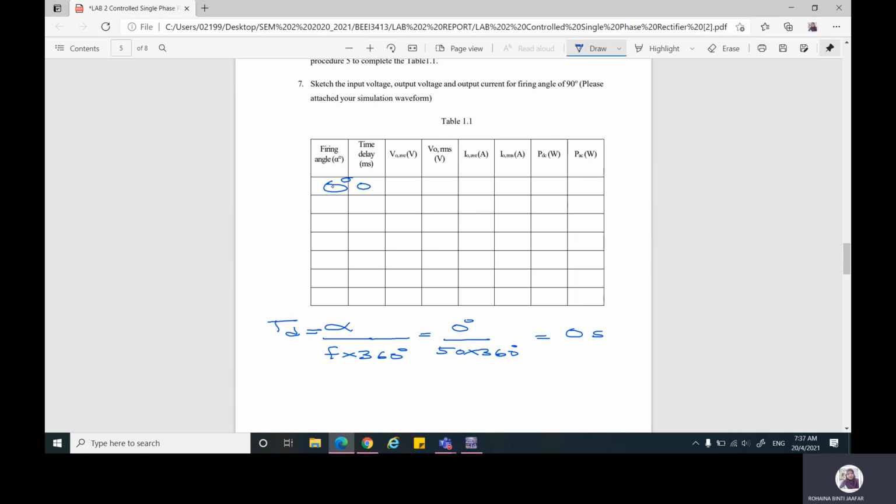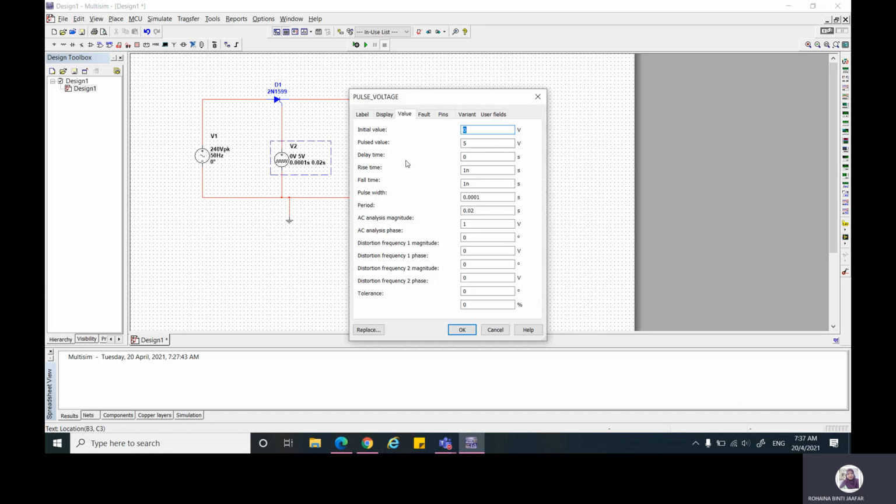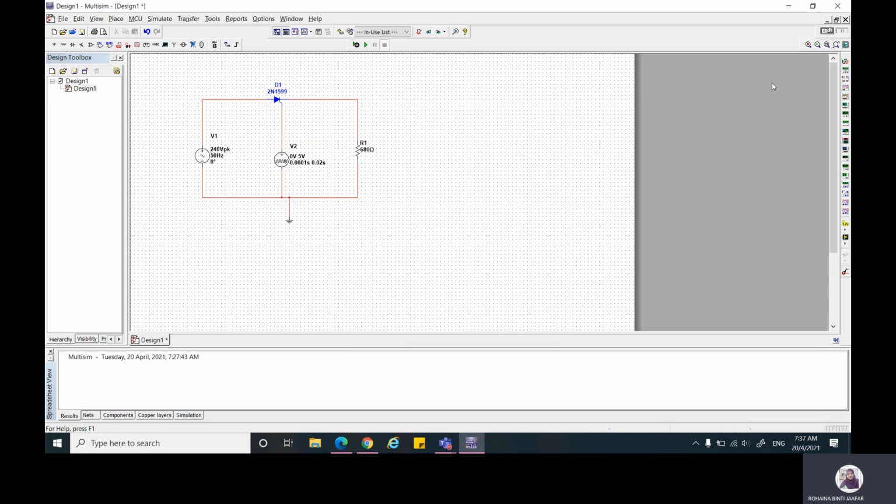Okay. So go back to your simulation. Okay, so time delay here set to 0 for firing angle 0. Okay, so as usual, we have to use the oscilloscope to capture the waveform of your current and voltage.